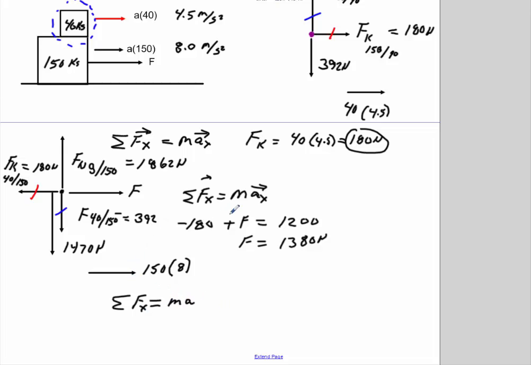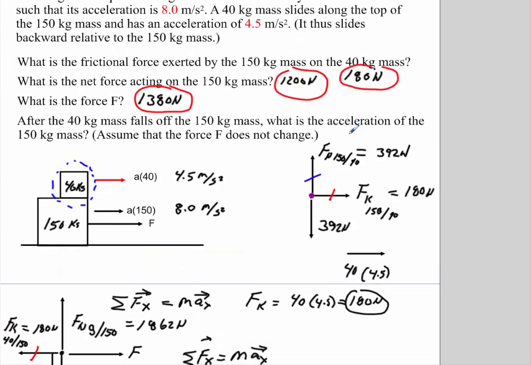I would only have one force here, which would be 1380, equal to 150 times A. We will solve for A: 1380 divided by 150 gives us a new acceleration of 9.2 meters per second squared. I'll come back here and write that down as 9 meters per second squared.